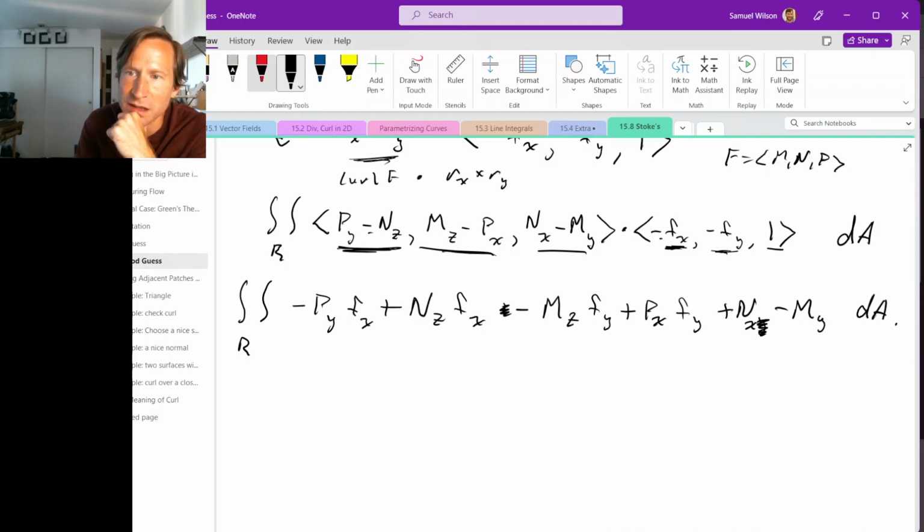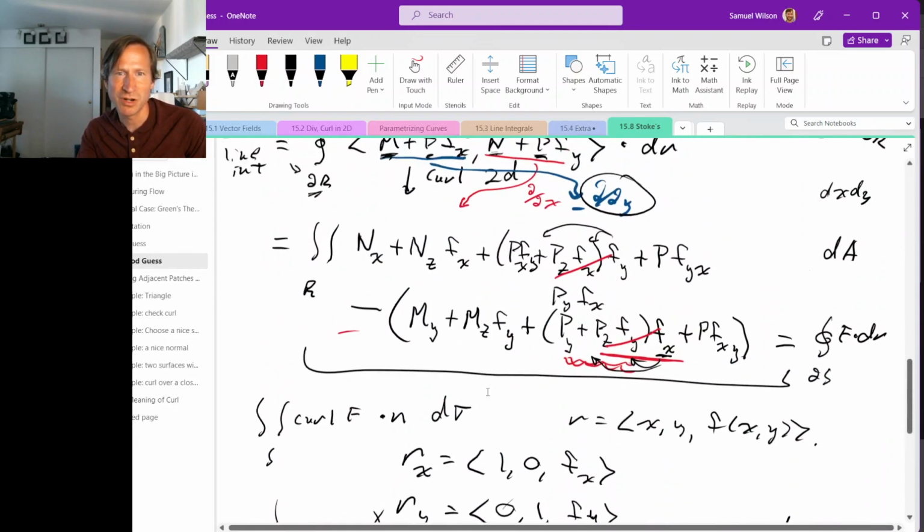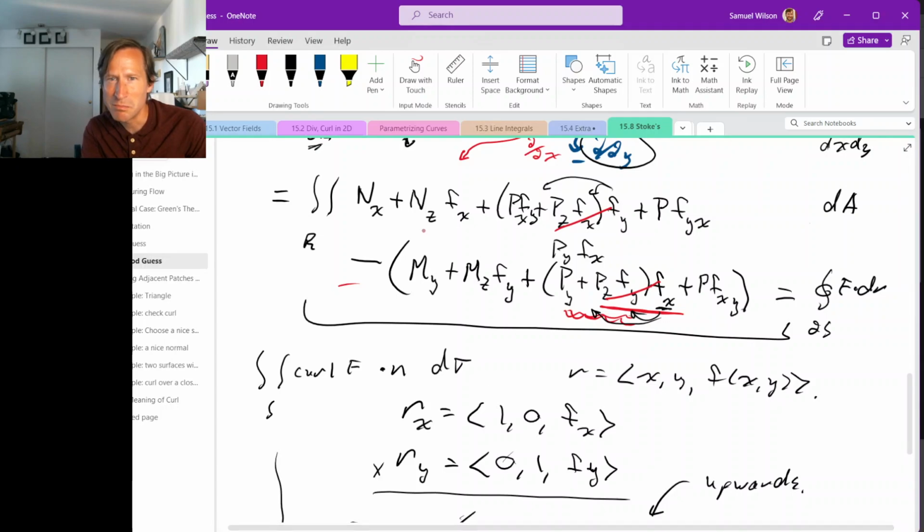Okay. All right. Well, if you remember our line integral, we had it written as an integral over R. So now that we have our surface integral written as an integral over R, maybe it's time to compare the two. So let's see. In this one, we have a minus P sub y f sub x term. If we go up to our line integral, there's a minus P sub y f sub x term.